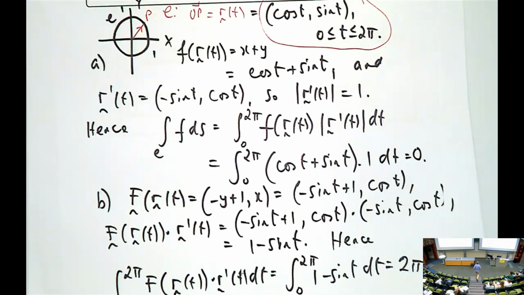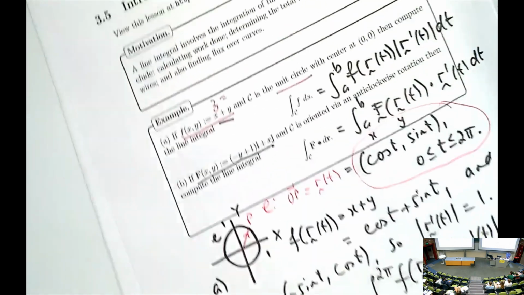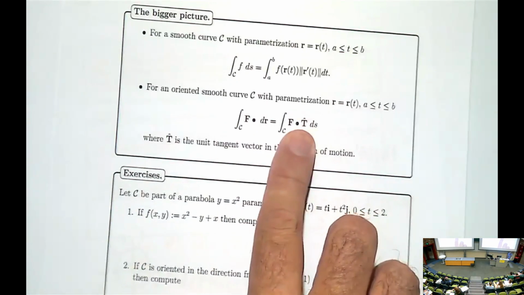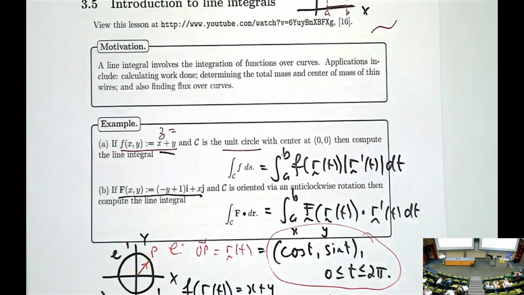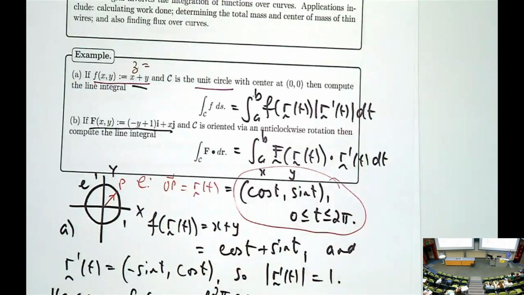If you look on the next slide, you're like, oh, what's this T hat and all that sort of stuff? I'll show you what that means in a minute. But this and this, from a computational point of view, is what you use to solve problems. That's pretty much the difference. Does that make sense? On the other page, we look at tangent vectors and geometry and that sort of stuff. Here, we're just doing the problem. More questions?